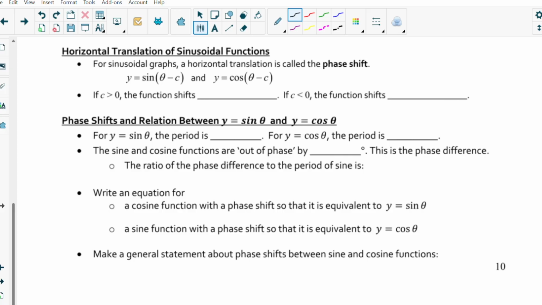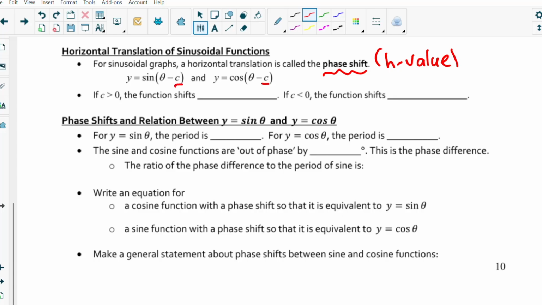Okay, horizontal translation of sinusoidal functions. For sinusoidal graphs, a horizontal translation is called a phase shift. This works a lot like our h value when we did function transformations in unit 1. But here with sinusoidal functions, we call it a phase shift, and instead of using the letter h, we use the letter c.